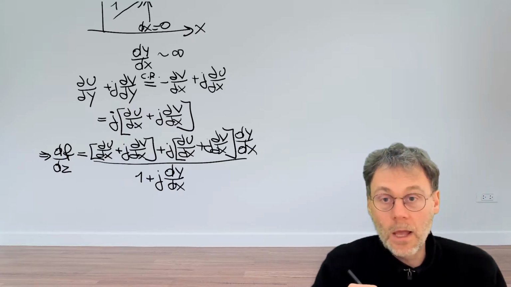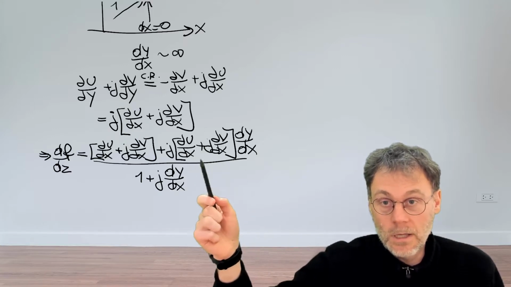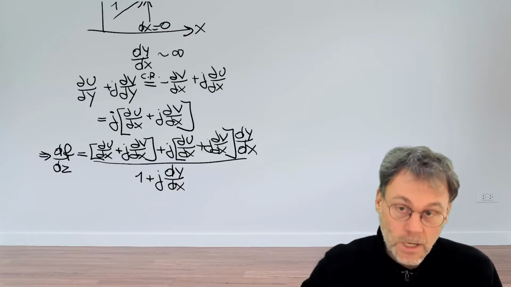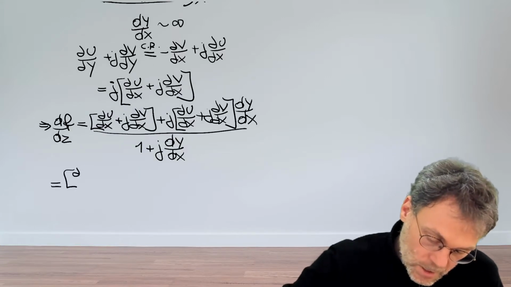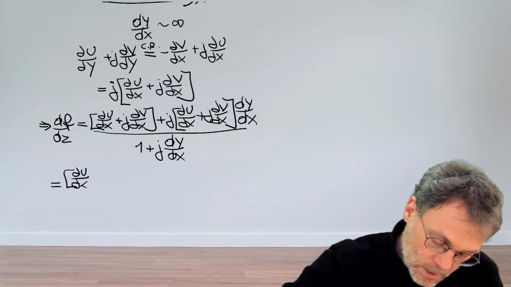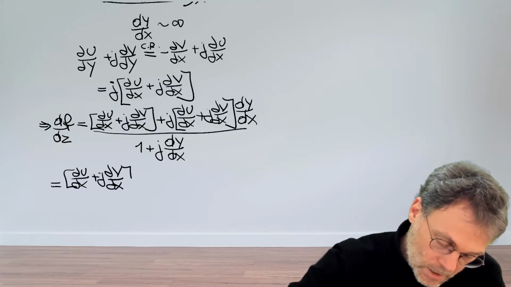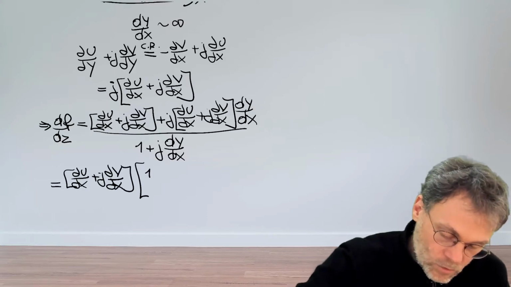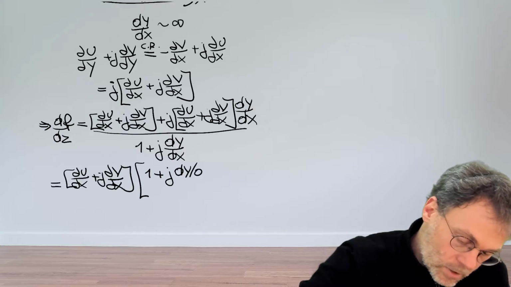And now the fun part begins, because this thing here and that thing here are the same, so we can factor them out. So this means that we can write this as du dx plus j dv dx. And then we have in the numerator 1 plus j dy over dx.